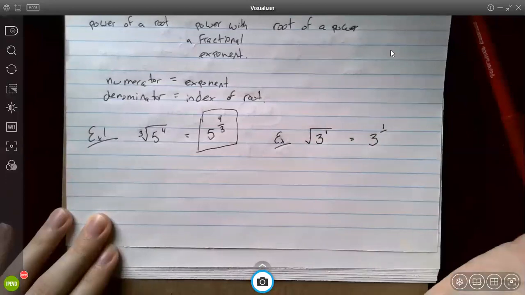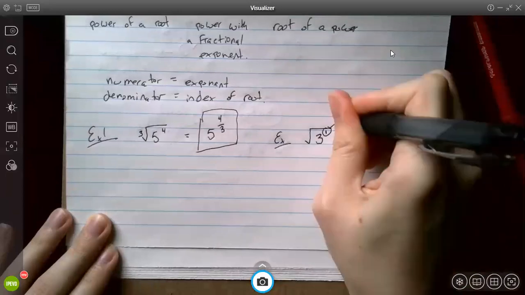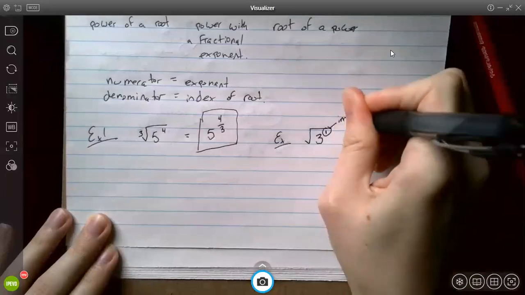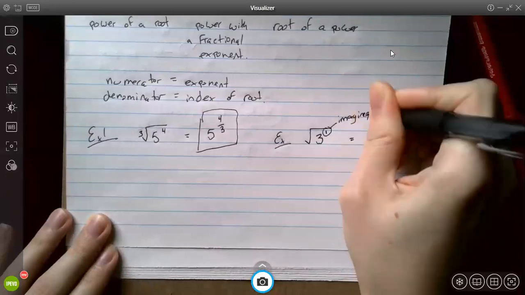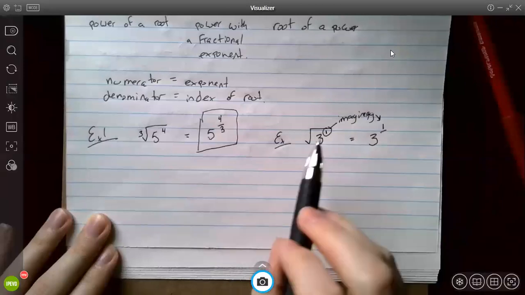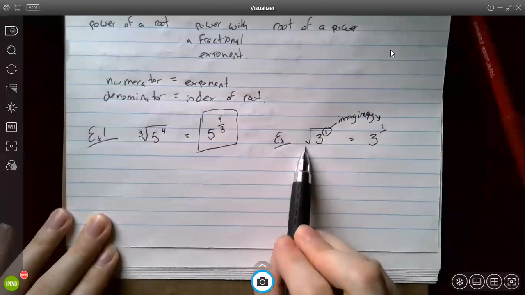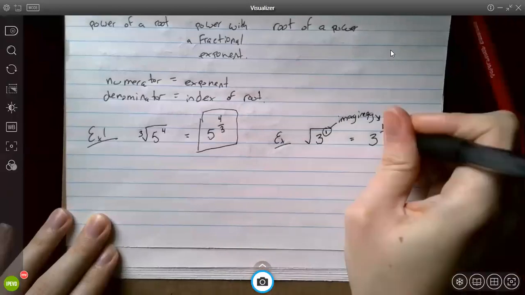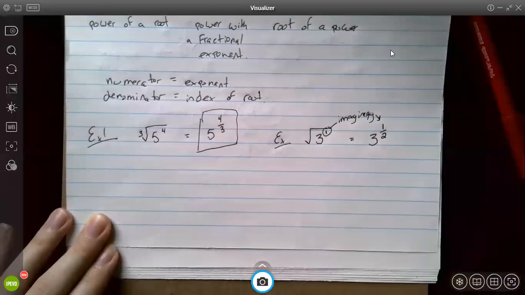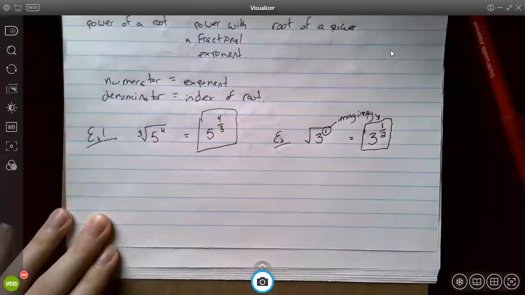So that's an imaginary 1. We don't actually write it in there. But we do write it in when we're writing it as a fractional exponent. And then because this is a square root, the index of this root is also invisible, but it's an invisible 2. Square roots always have an index of 2. So that is what it should look like as a fractional exponent.